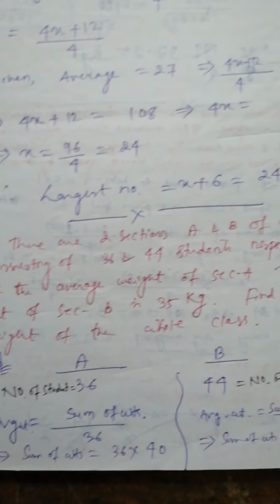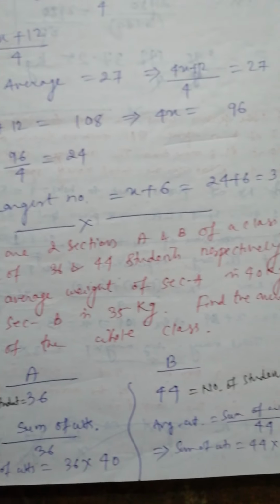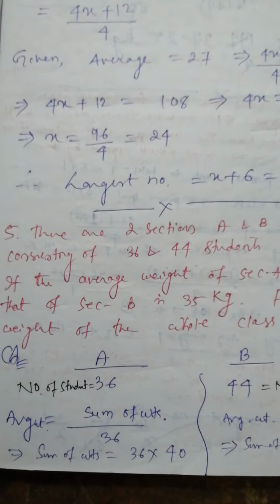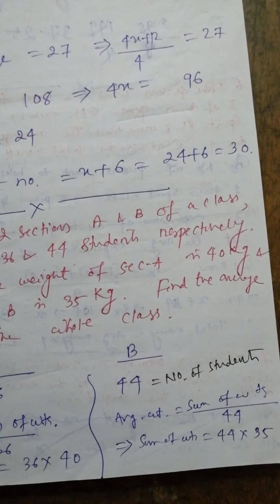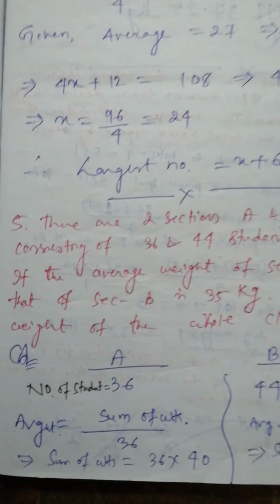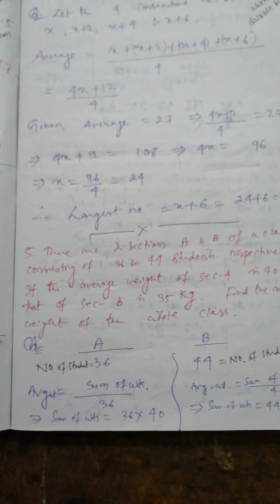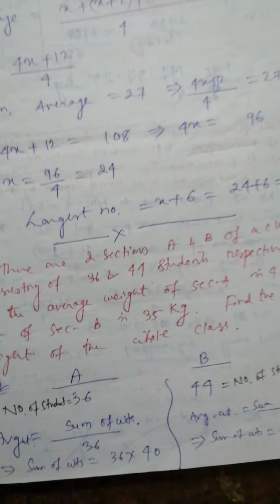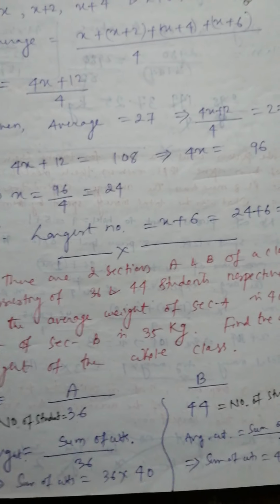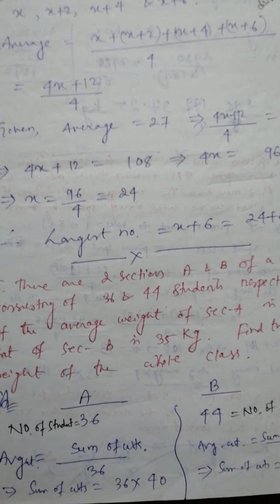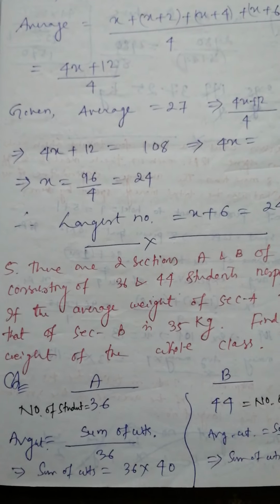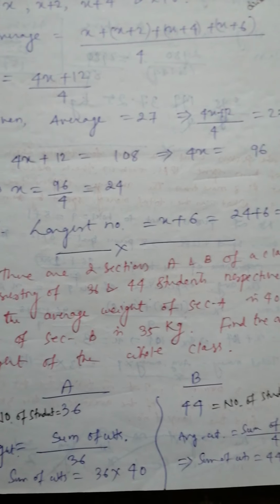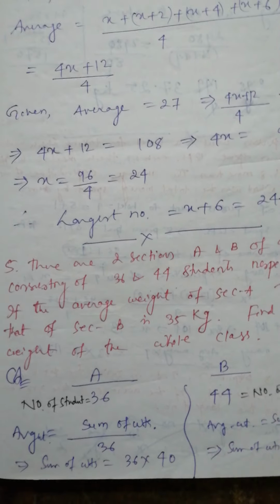Next, I will go to question number 5. There are two sections A and B of a class consisting of 36 and 44 students respectively. If the average weight of section A is 40 kg and that of section B is 35 kg, find the average weight of the whole class. So I will write in two columns, one for A, one for B. The number of students for section A is 36.